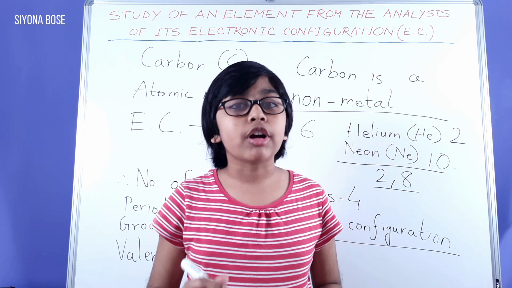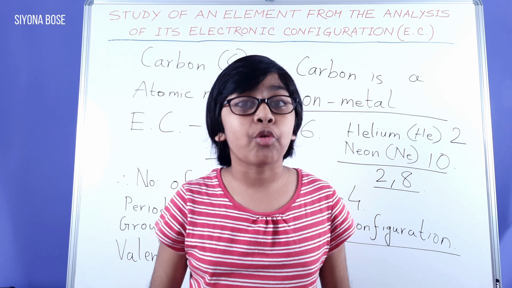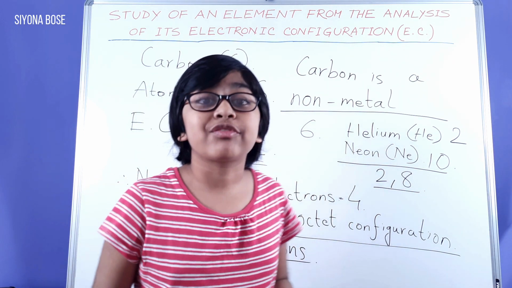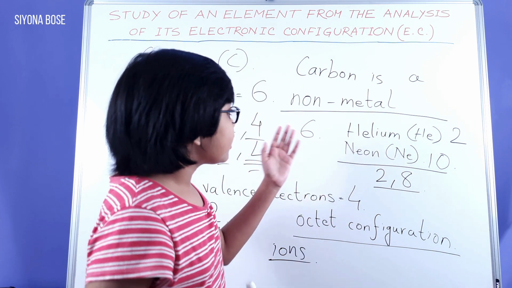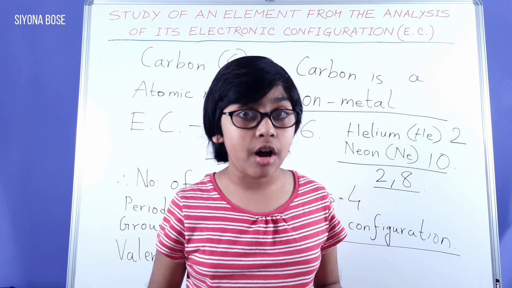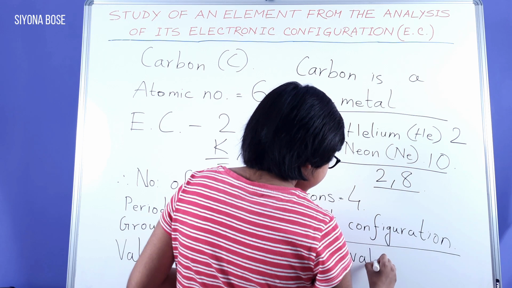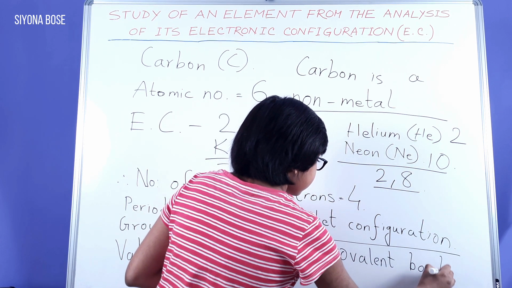To do that, carbon shares electrons instead of gaining or losing to form ions, which till now we have been discussing, the formation of cations and anions. Instead, carbon shares electrons and forms covalent bonds.